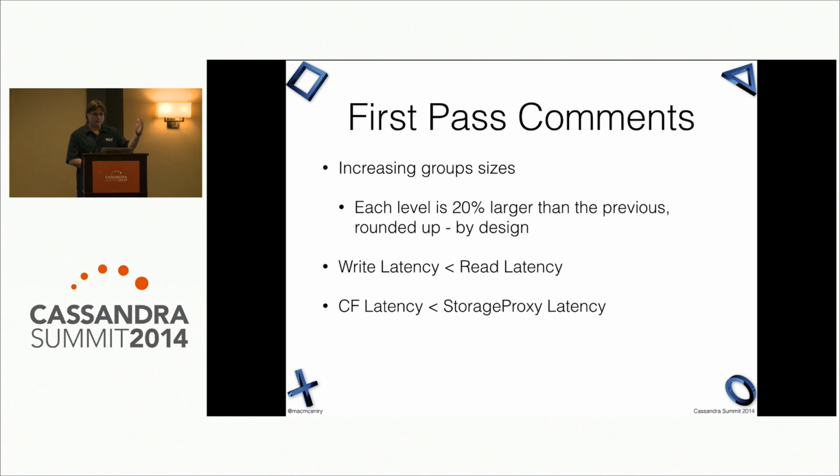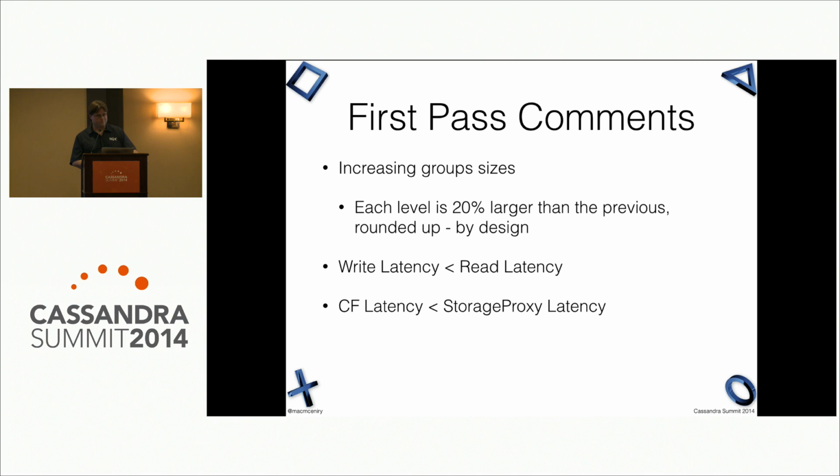Again, when you're reading the histograms, you're going top to bottom. You're seeing that each bin is getting a little bit larger, so the volume of differences at each point is much larger. In general, read latencies are higher than write latencies. This is expected inside Cassandra. It writes very well.